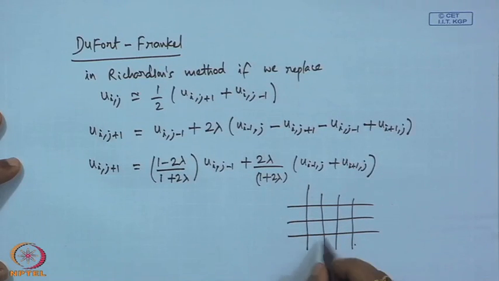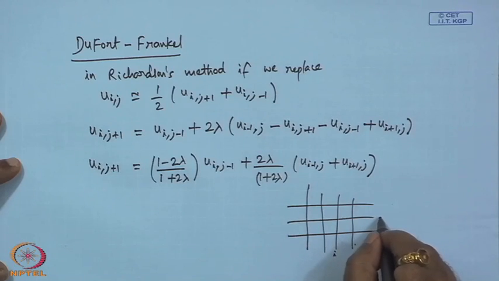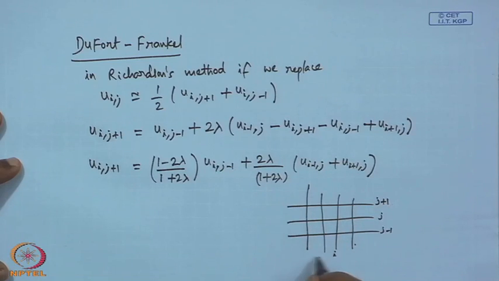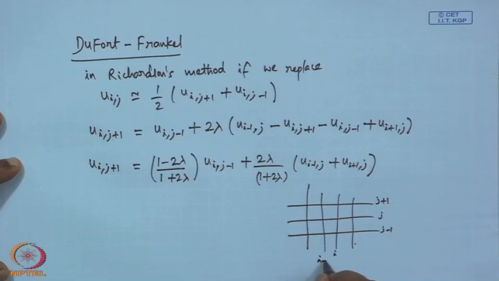So, this is i and this is j, j minus 1, j plus 1, i minus 1, i plus 1. Now, j plus 1, i, j plus 1.